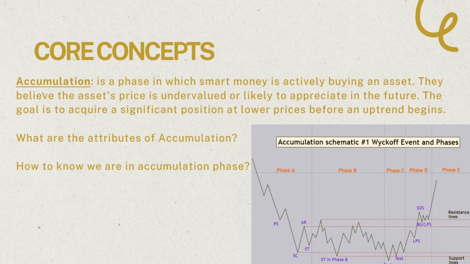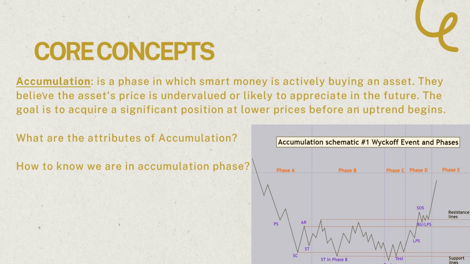How you can position yourself in line with the institutional traders, the smart money, to take advantage of the imminent trending move. All right. So you can identify accumulation in phase C or D depending on your ability to recognize pattern.